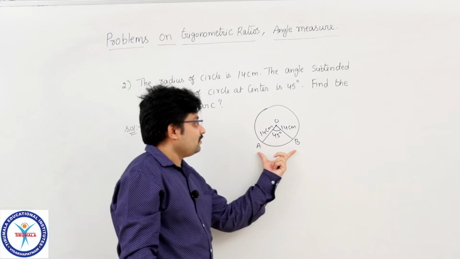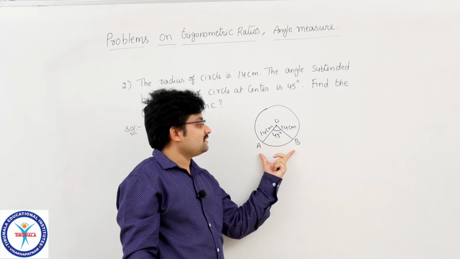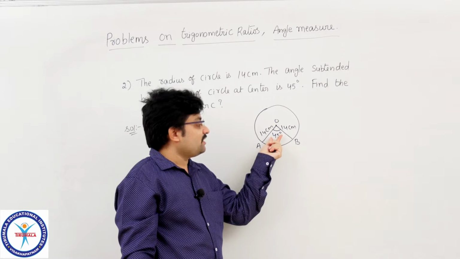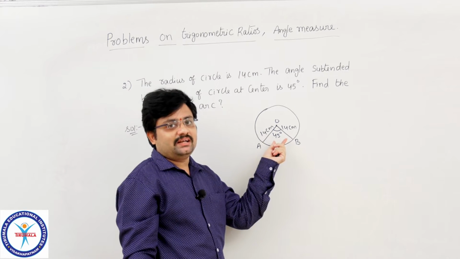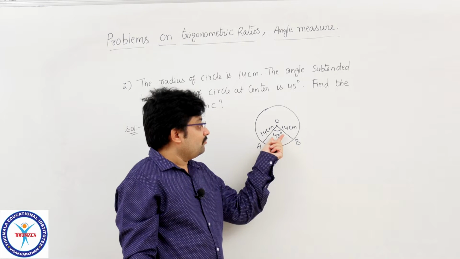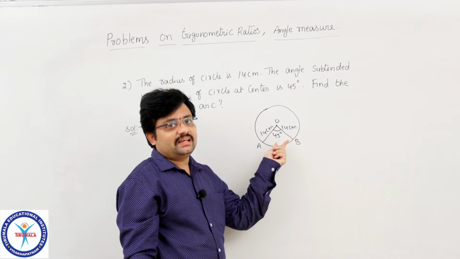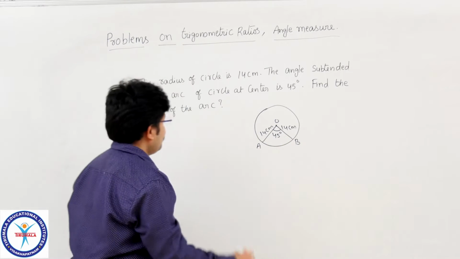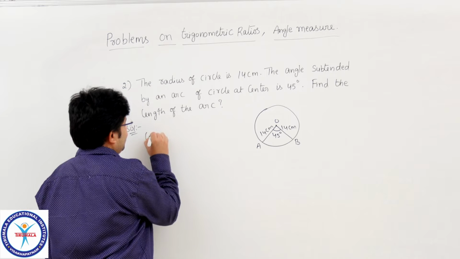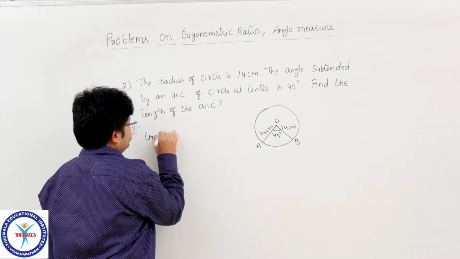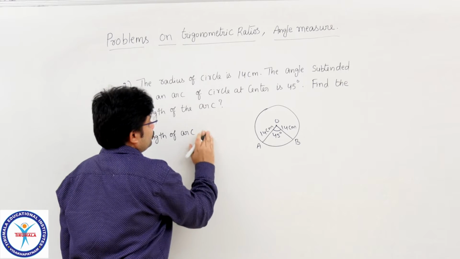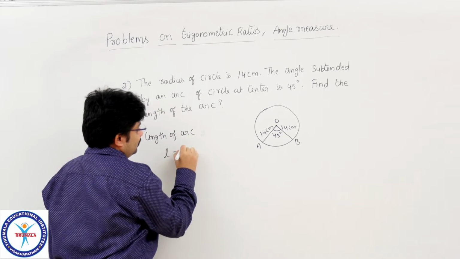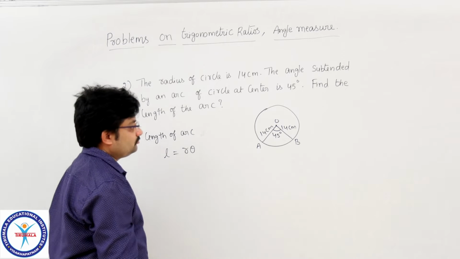So, we have come across in the radian measure that the angle subtended at the center is in radians, but here it is given in degrees. We have to find the measure of 45 degrees in radians. That means length of the arc L is equal to R theta.